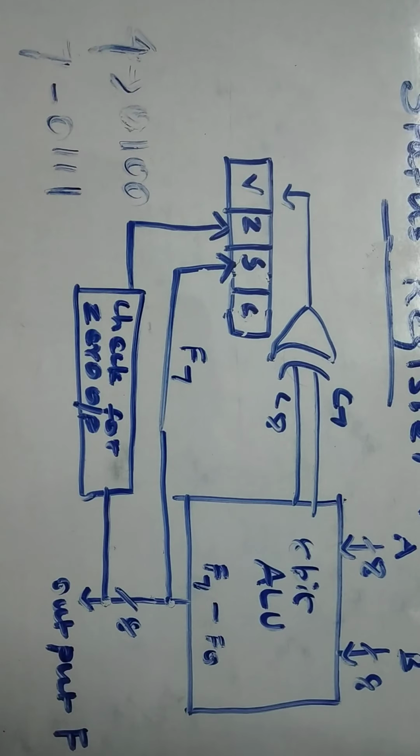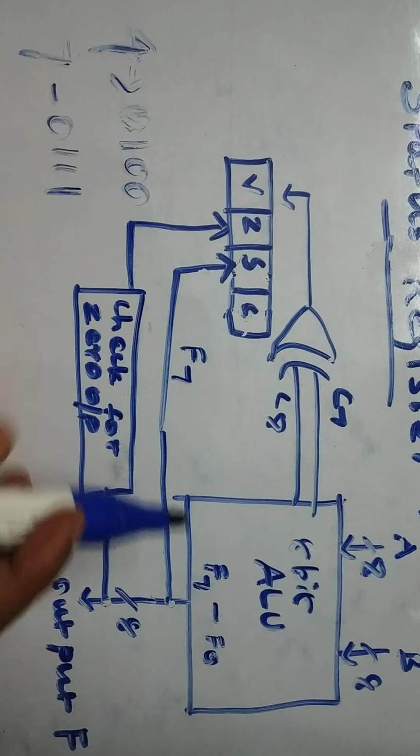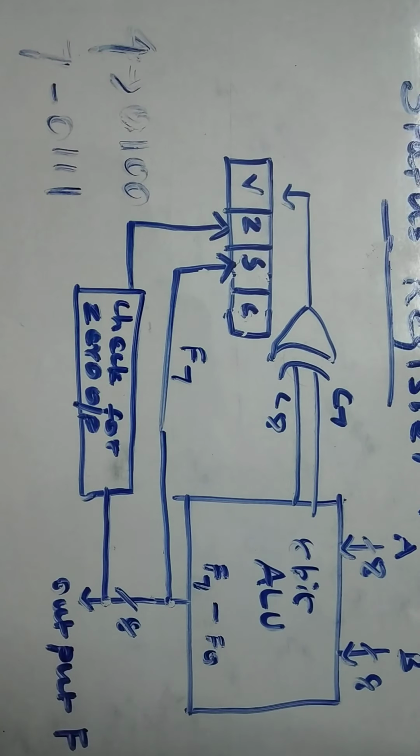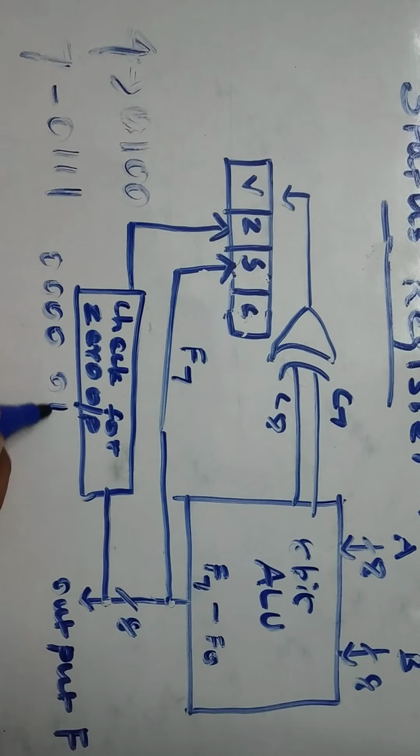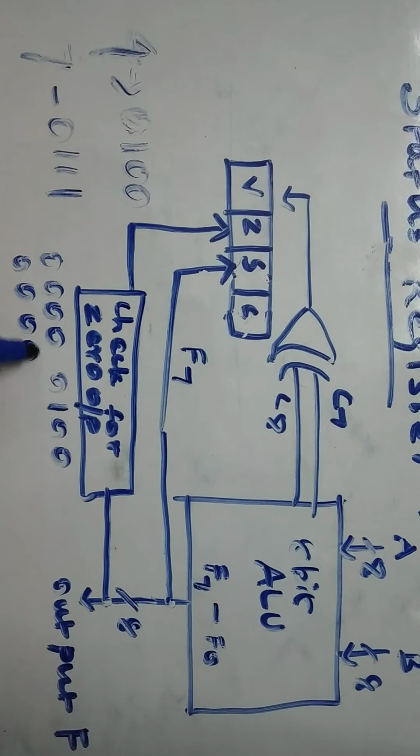So this is the binary value for 4 and 7. Here it is given as an 8-bit ALU, which means you need to represent them in 8-bit format. So we need to include another 4 bits: 4 zeros before the operand for 4, and 4 zeros before 1 1 1 for 7.